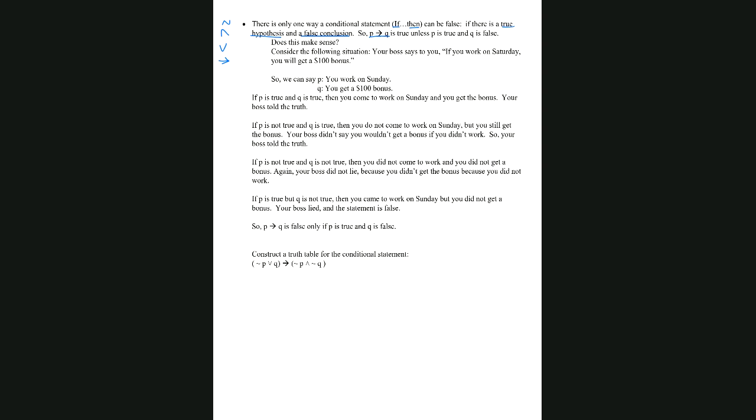So let's see if this makes sense, and I think you'll find it does. Consider the following situation. Your boss says to you, if you work on Sunday, that's P, you will get a $100 bonus, and that's Q. So let's think about this. If P is true and Q is true, then you came to work on Sunday and you got the bonus.